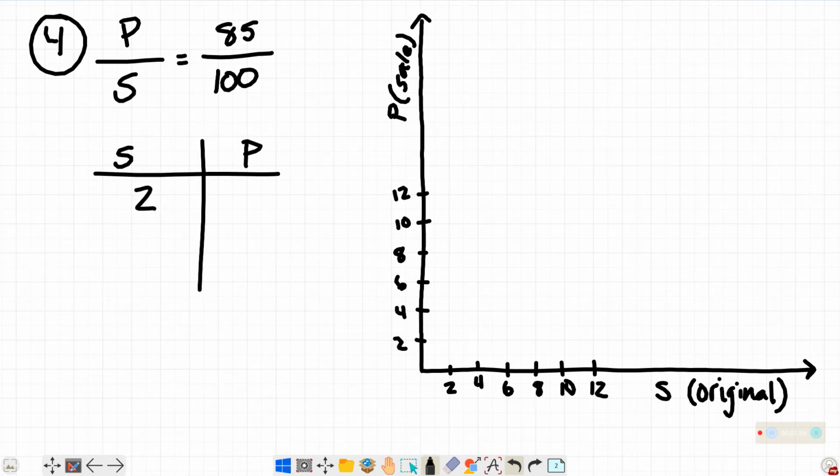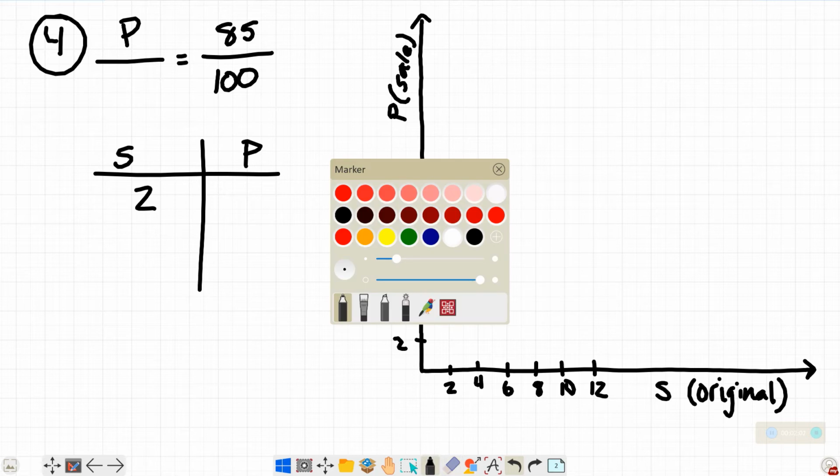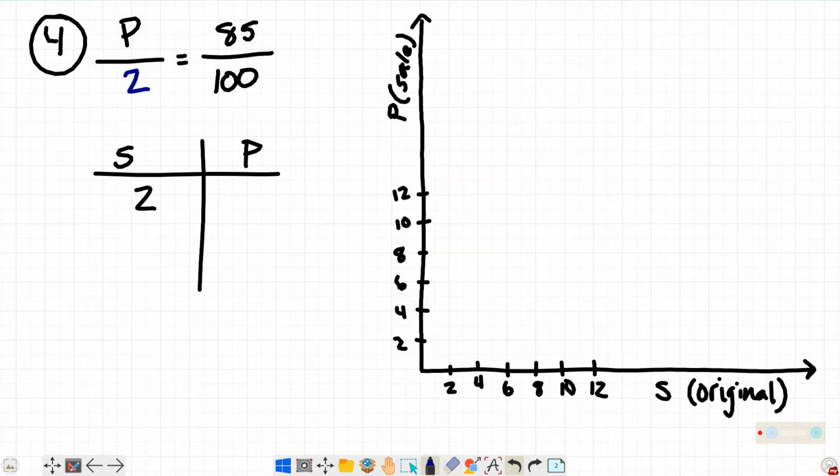And if I were to swap out the S with a 2, then I would cross multiply 2 times 85 and divide by 100, and that will tell me the sale price. So you can use any sets of numbers that you want, but I chose 2. If you wanted to count by 10s, you could. It just depends on what you're feeling.